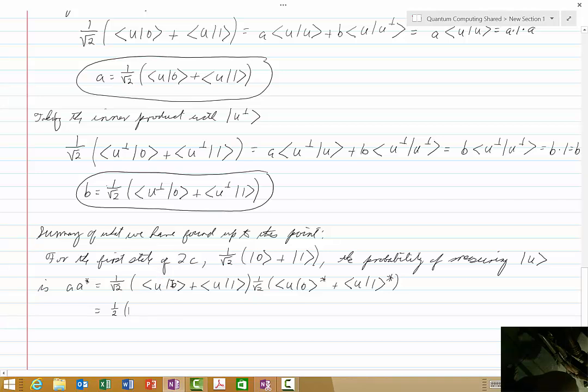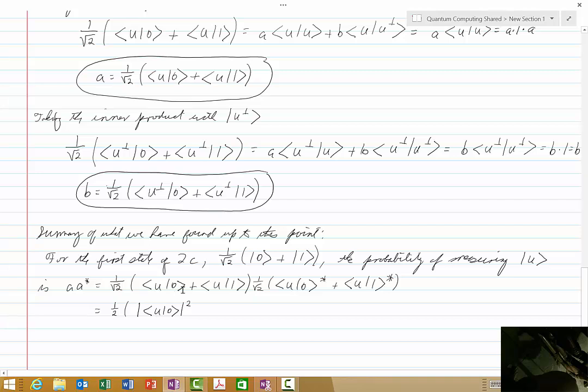And then when we take the inner product of u with 0 and multiply that by the complex conjugate of that, we will get the magnitude squared of the inner product of u with 0.